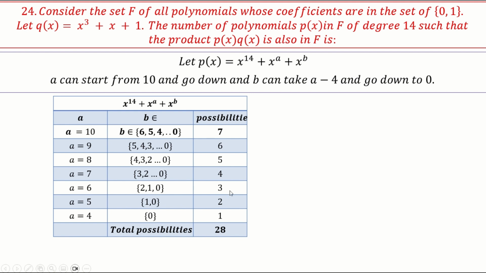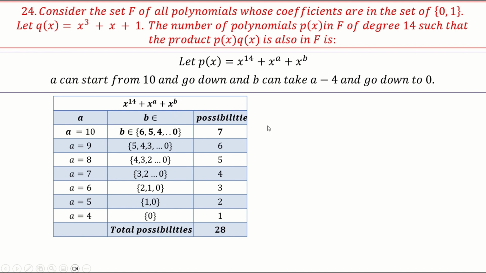Okay. Similarly, it will go down all the way. If A equal to 4, then there B cannot have any x term. Only it can have is constant term, that is 1. Okay. Not even 2. It can have only 1. Okay. So which is one possibility. So total possibilities here in this counting is 28.